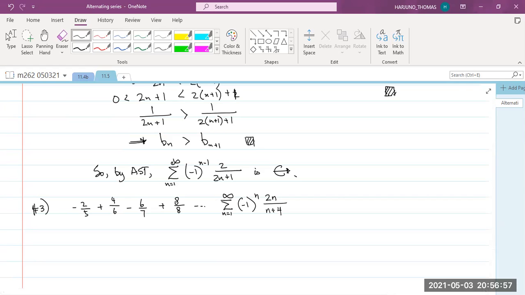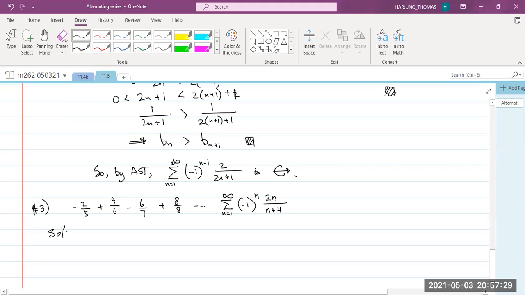And the n starts from 1. When n equals 1, the numerator is 2, n equals 2 is 4, and then 6 and 8. The denominator, when n equals 1, is 5. n equals 2, it's 6. n equals 3, that's 7.